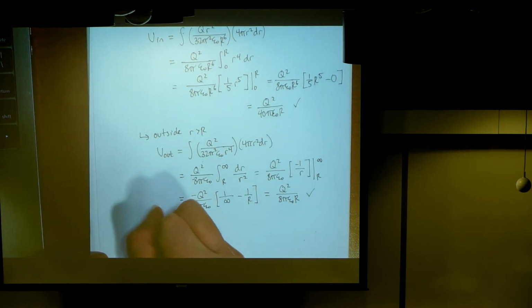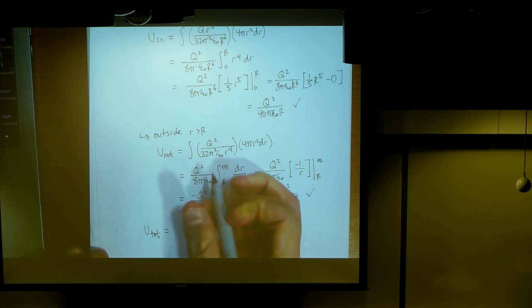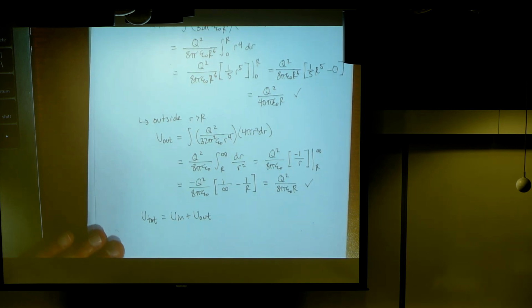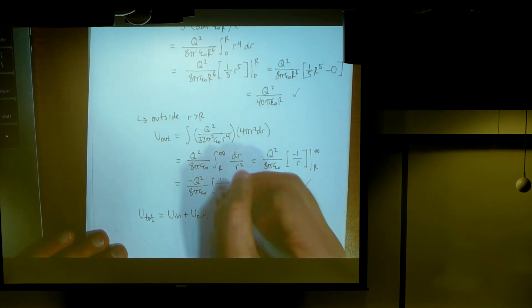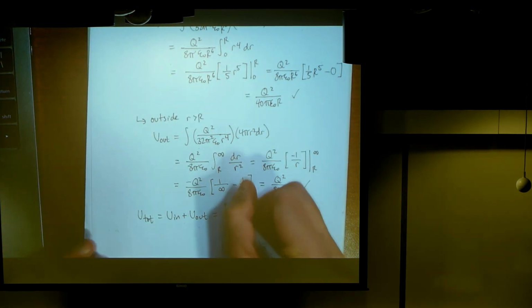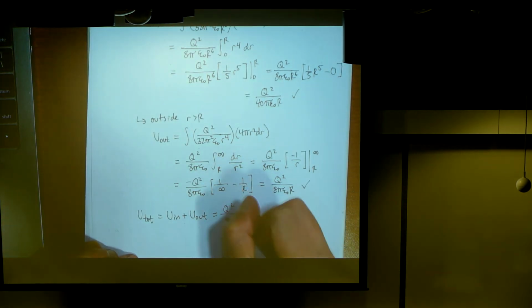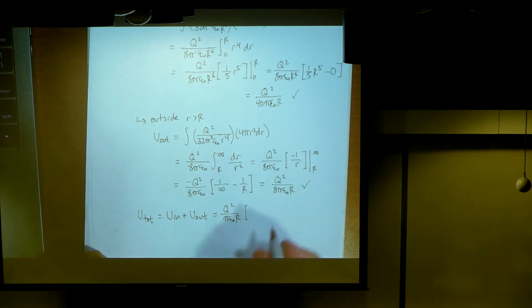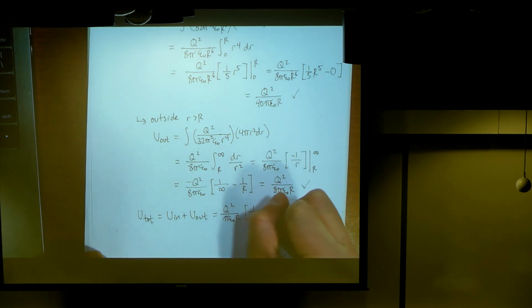And the last step we take is to find the total. That's just all the energy on the inside plus all the energy on the outside added together. Which is, so notice with these two expressions, we have q squared over pi epsilon naught big R. It's just that in the first case, we have 1 over 40 coming along with that.